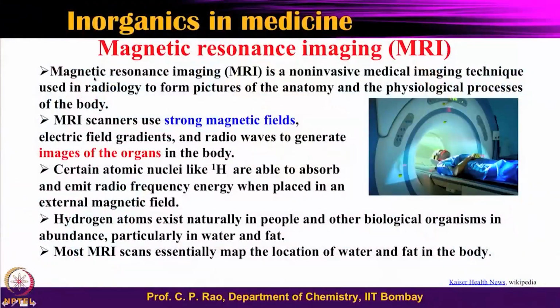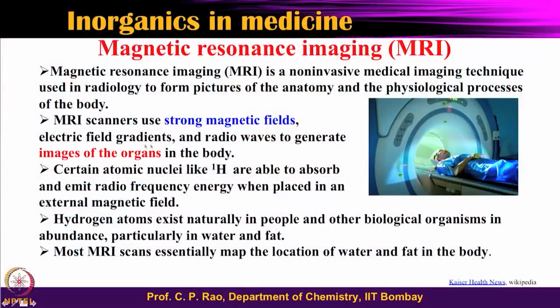Magnetic resonance imaging is a non-invasive medical imaging technique, it does not affect your body, used in radiology to form pictures of the anatomy and the physiological processes that occur in the body. Certain physiological changes will bring certain kinds of responses, so we can find even the physiological responses indirectly.